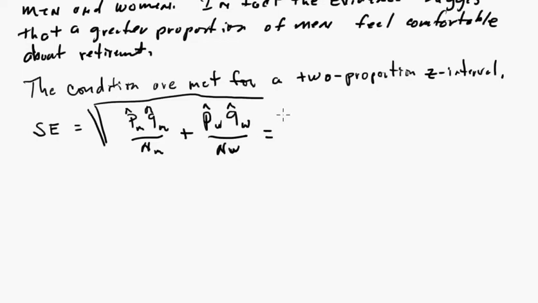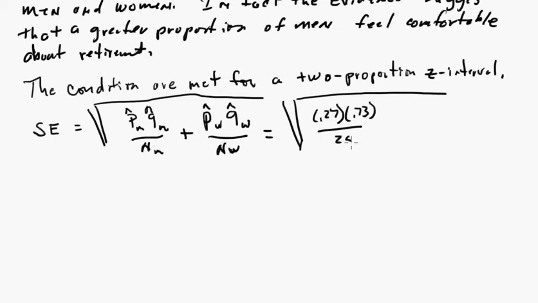If I recall, this was 0.27, so that's 0.73 all over 250. And for women it was 0.18, so that would be 0.82 all over 250.